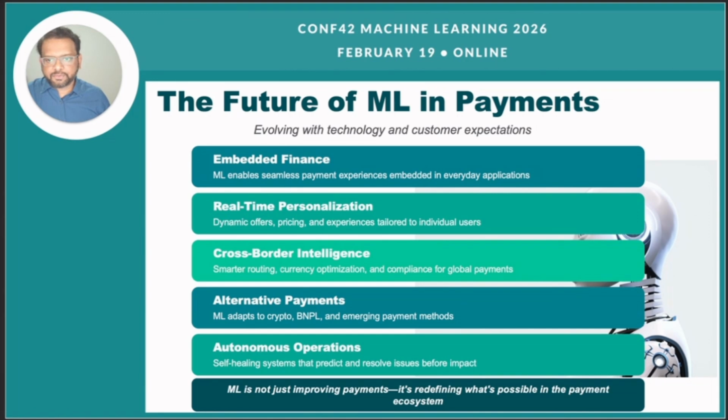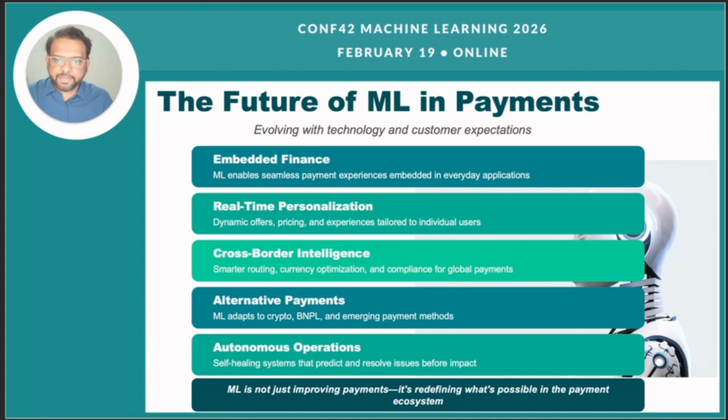Now, the fifth one is autonomous operations. We are moving towards self-healing systems that predict and resolve issues before they impact customers. Machine learning enables these platforms to detect anomalies, identify the root cause, implement the fix automatically, and continuously optimize their performance with minimal human intervention. These aren't science fiction. We are seeing early implementations of all these capabilities today.